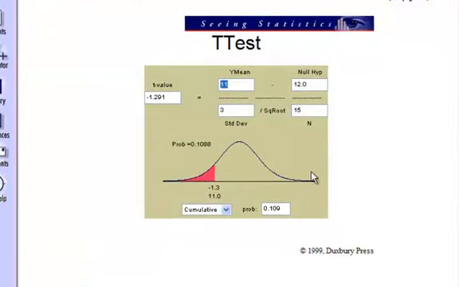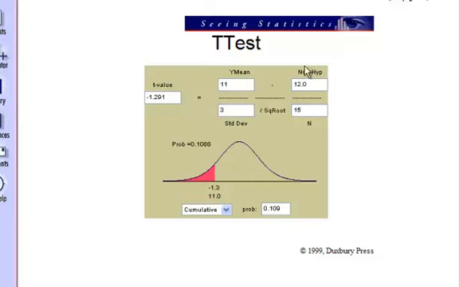All right, here I'm showing you a t-distribution, and this is going to represent our sampling distribution that's centered around our null value of 12. So the mean of this distribution, the peak, is going to be right at 12. And let's suppose we have a sample mean.